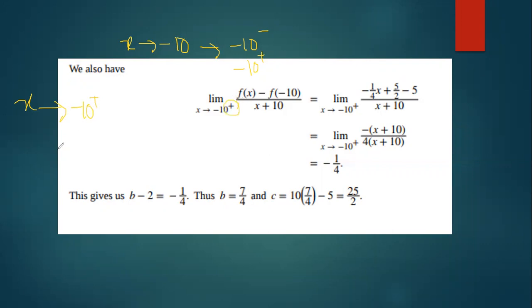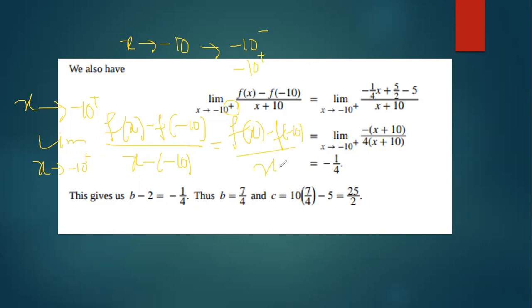So this function will be written as the limit as x approaches negative 10 from the positive side of f of x minus f of negative 10 divided by x minus the function value, which is minus 10. So this will be f of x minus f of negative 10 divided by x plus 10.